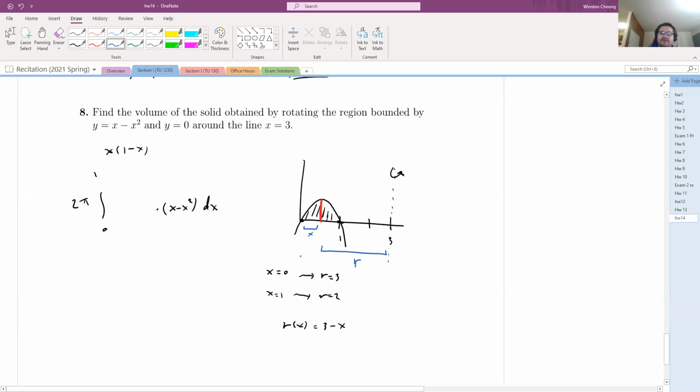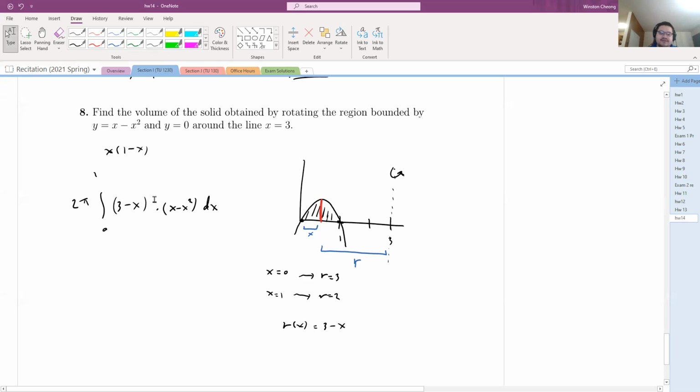So it's just comparing 2 different lengths. To me, the first way is more intuitive, but this one is much harder to poke holes in. It's very airtight, but it's not the immediately obvious thing for me. Hopefully that convinces you that the radius function is 3 minus x.